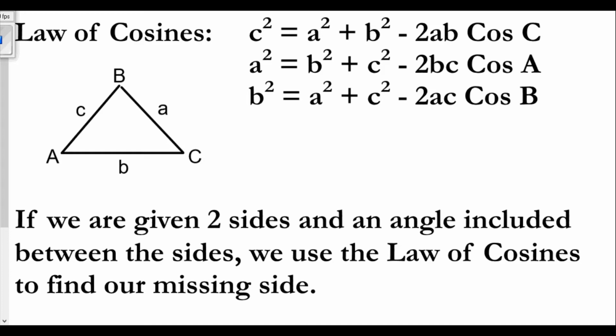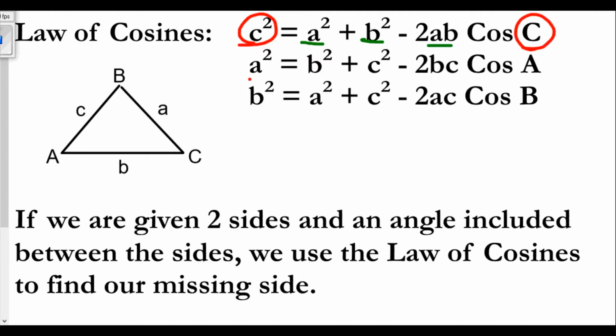So we're noticing that if we are trying to find side opposite angle C, we're using a squared and b squared and then 2ab, and of course the cosine of the angle opposite. We're using the sides A and B, minus 2ab, and then cosine of C. And the same thing here.